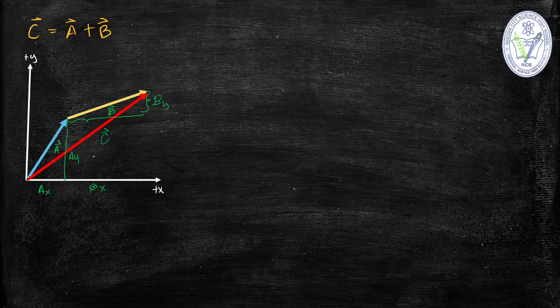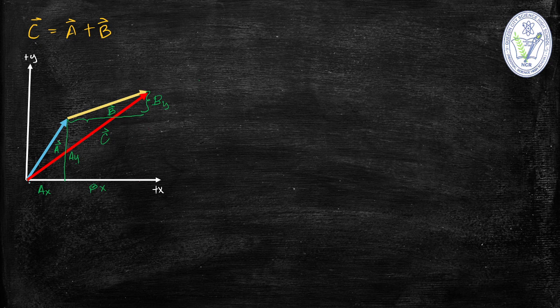So as you can see, vector C is actually made up of the sum of the components of the other two vectors.